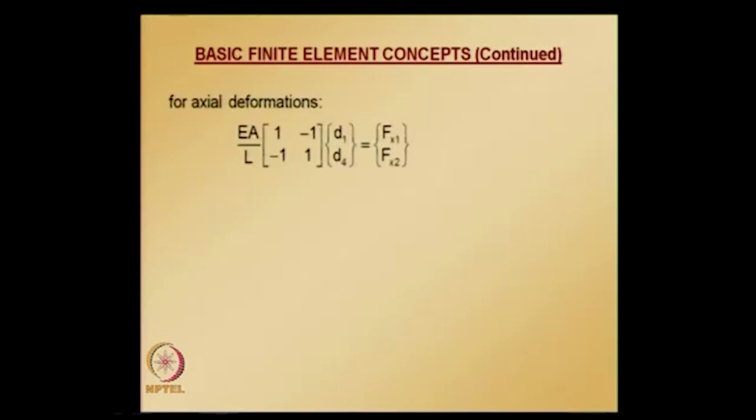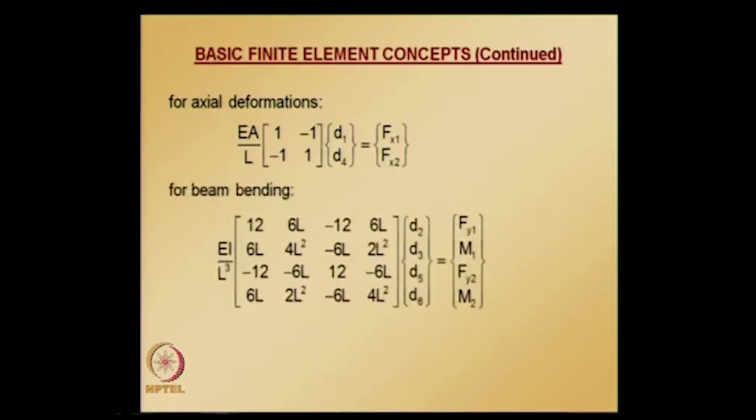So for axial deformation these are the element equations, and for beam bending these are the element equations, and we started out with the assumption that axial deformation and beam bending effects are uncoupled. So, carefully noting down the degrees of freedom in the order they appear, we can get the global equation system for the frame element.